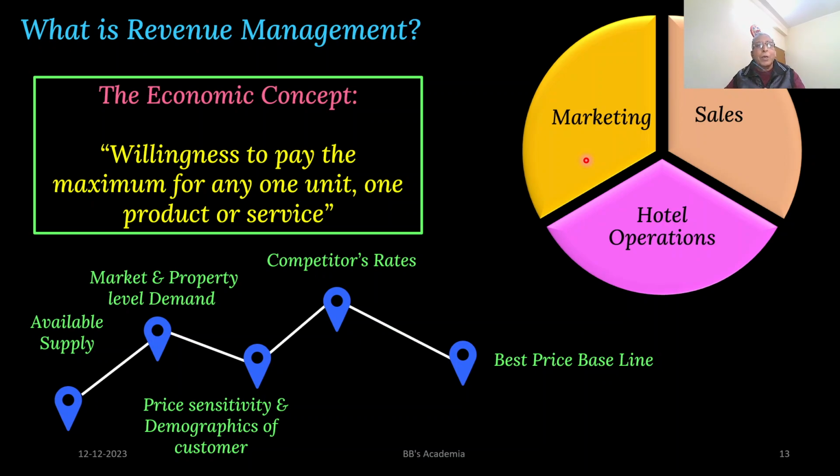So that is the entire route and the milestones I have mentioned, starting with available supply, market and property level demand, then price sensitivity and demographics of the customer, competitors' rates, and best price baseline. Once you touch upon those areas, your revenue management is working.